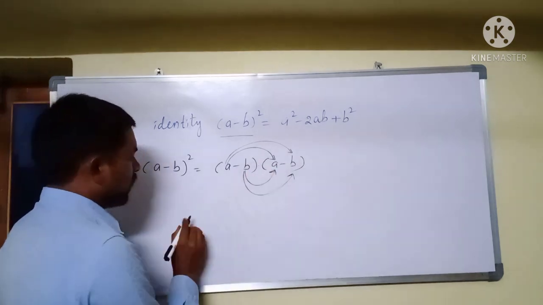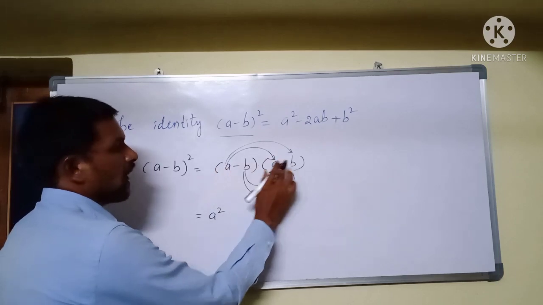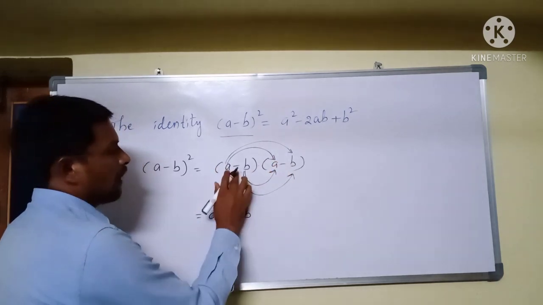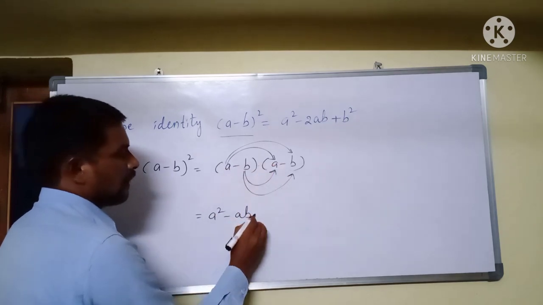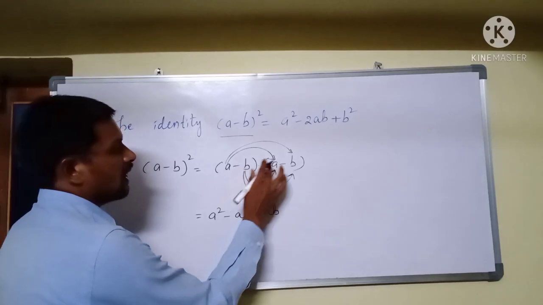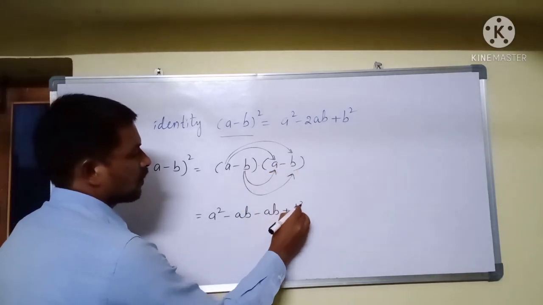a into a is a square, a into minus b is minus ab, minus b into a is minus ab, minus b into minus b, minus into minus is plus b square.